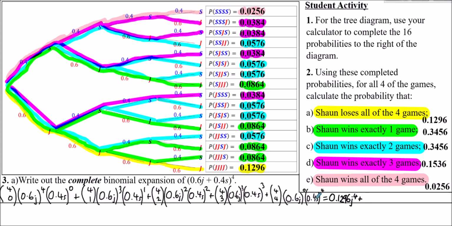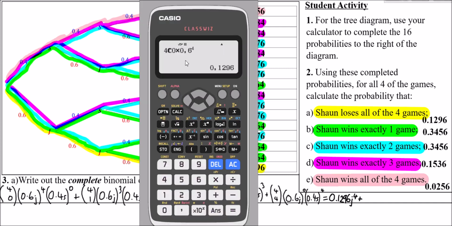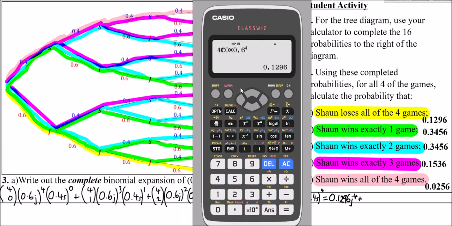Next, we have a look at this one here. So next time, it's 4 choose 1, 0.6 cubed times 0.4. And this will give us the coefficient of j cubed s. So what we can do here is just adapt what we've already got on the calculator, which sometimes saves time. So now we want 4 choose 1.